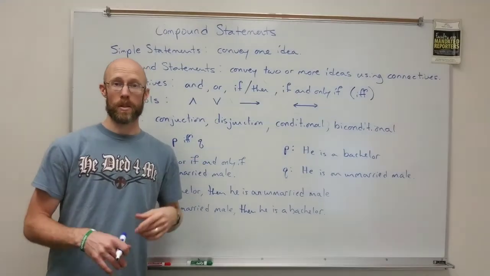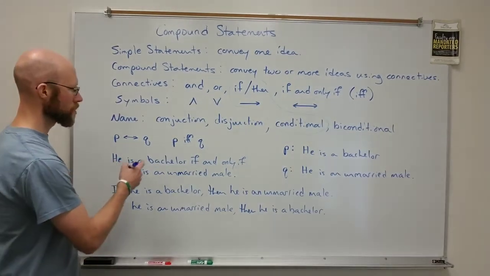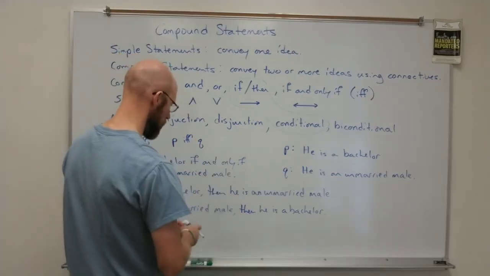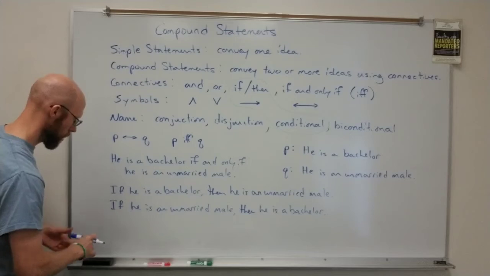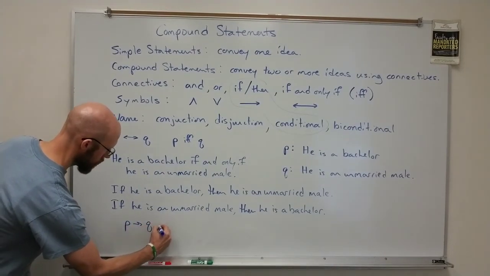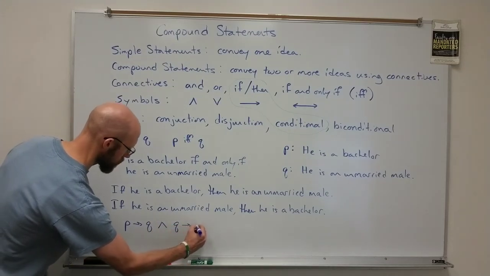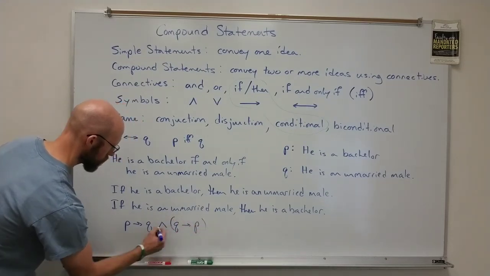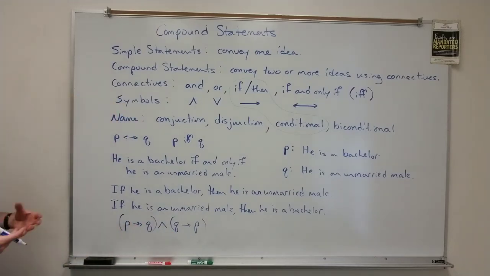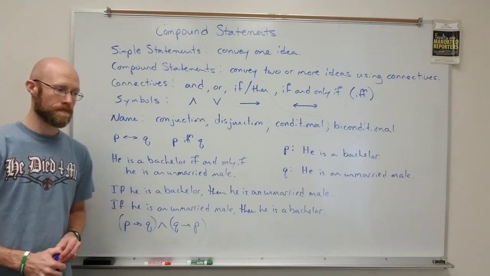So you could see another way to write this is P implies Q and Q implies P, right? So you could almost think of it in terms of both have to be true in order to be a biconditional statement.